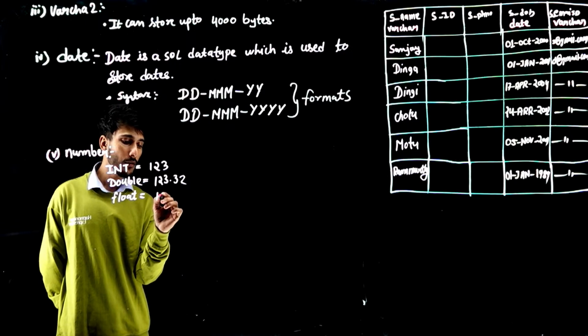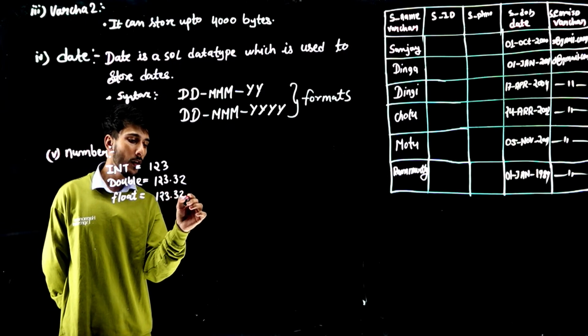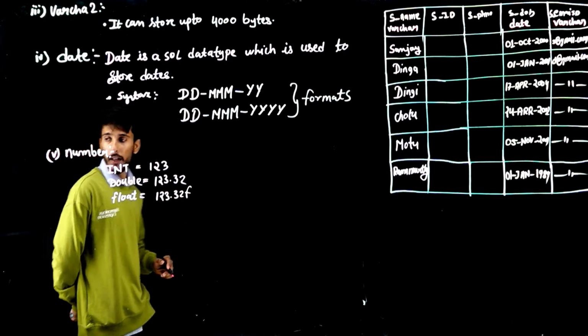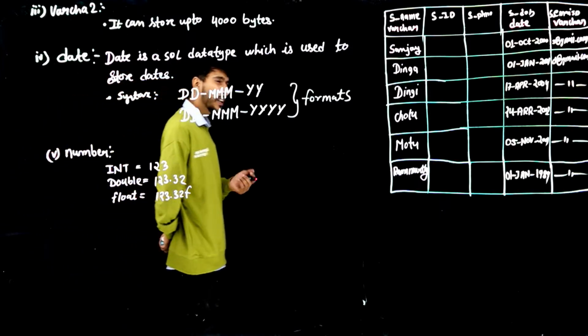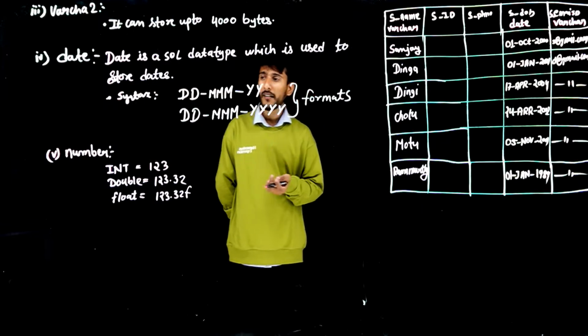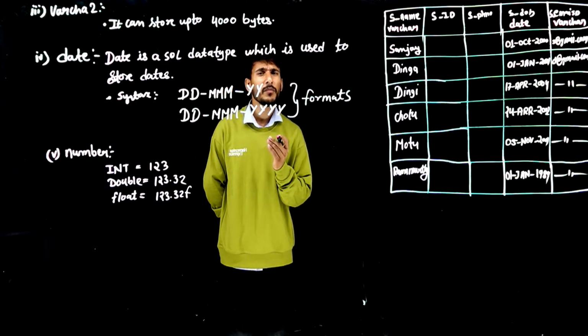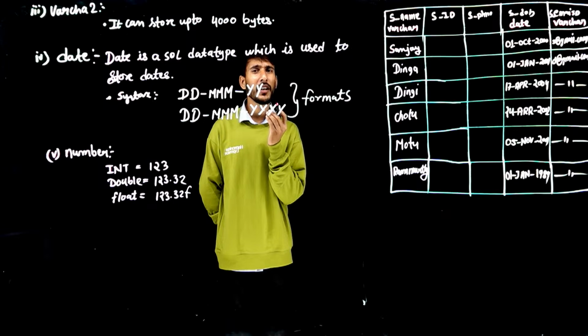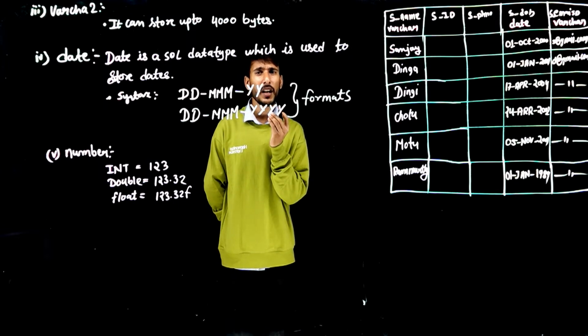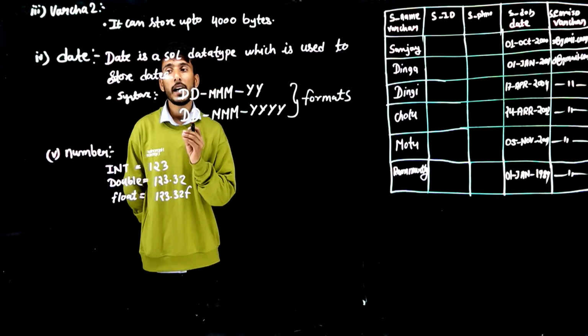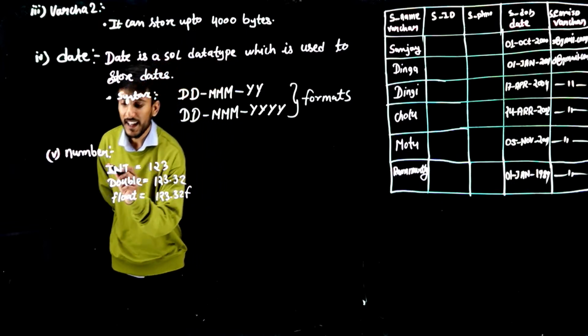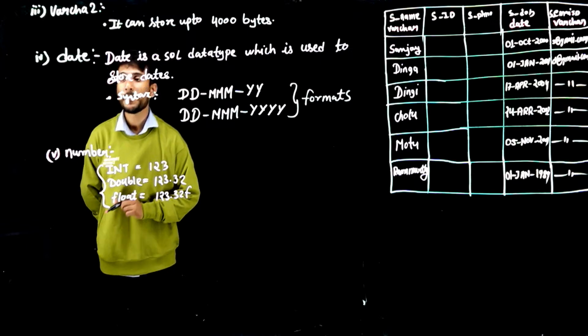A floating point value like 1 2 3 3.2f. But sir, if I have an integer value I have to define integer, and if I have a double value I have to define double. Sir, please, can you give me some kind of freedom where I can use a single data type and combine all these three?